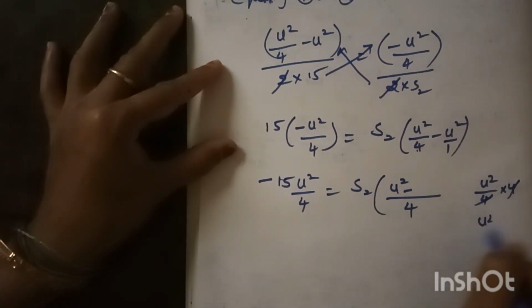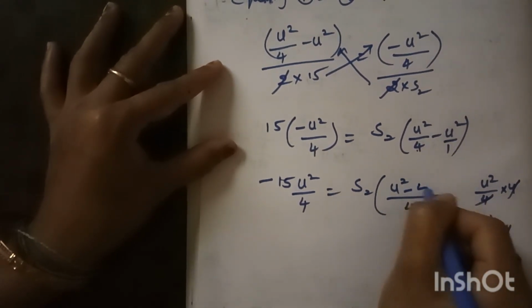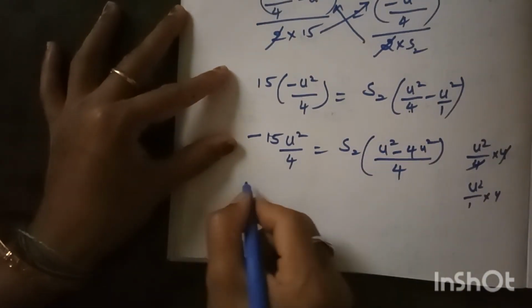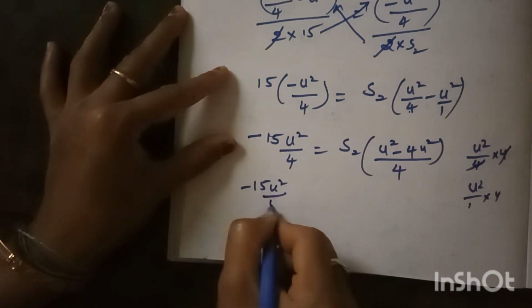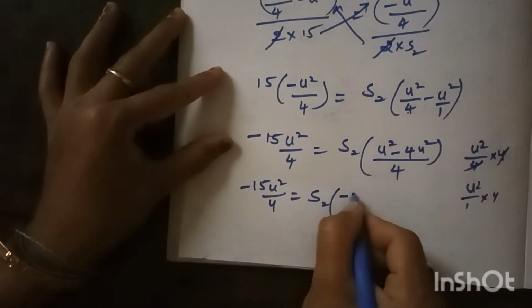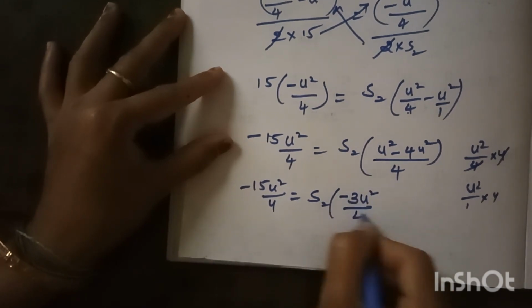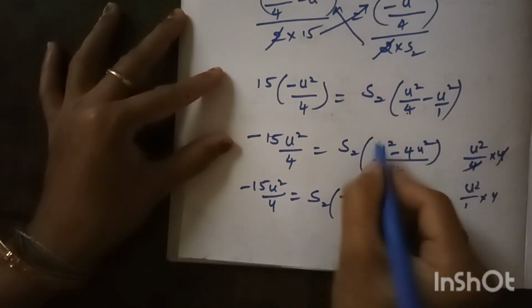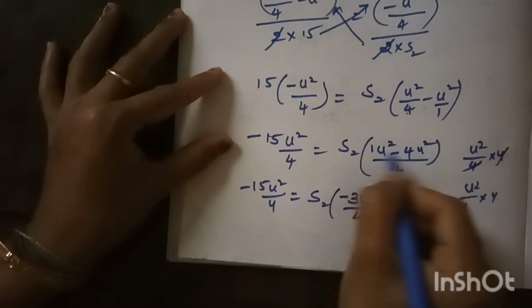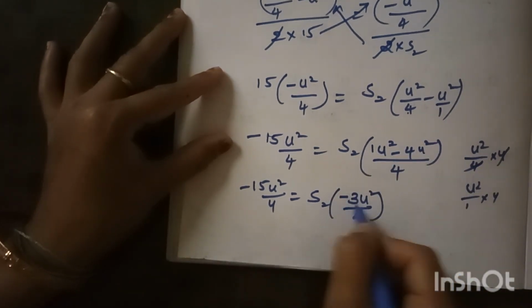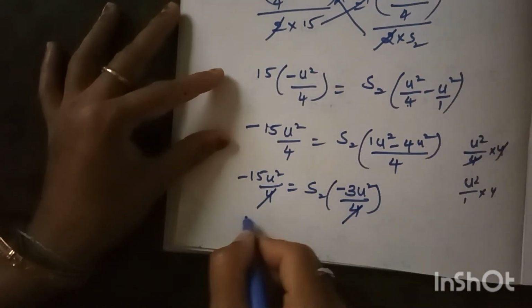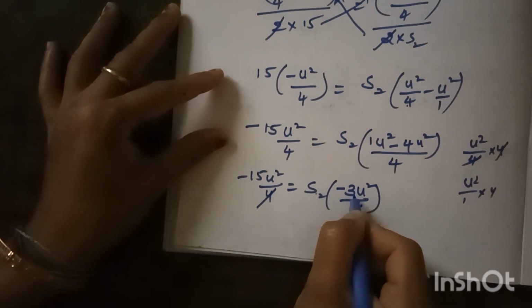Next u square by 1 into 4, 4 u square. So u square minus 4 u square will be minus 3 u square by 4. So 4 will be cancelled.